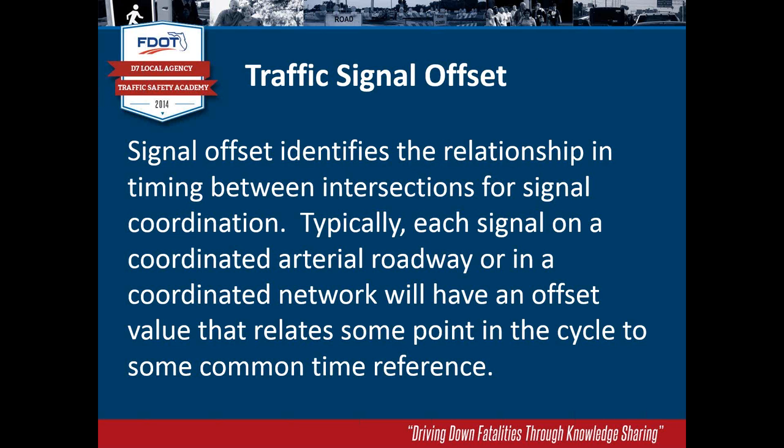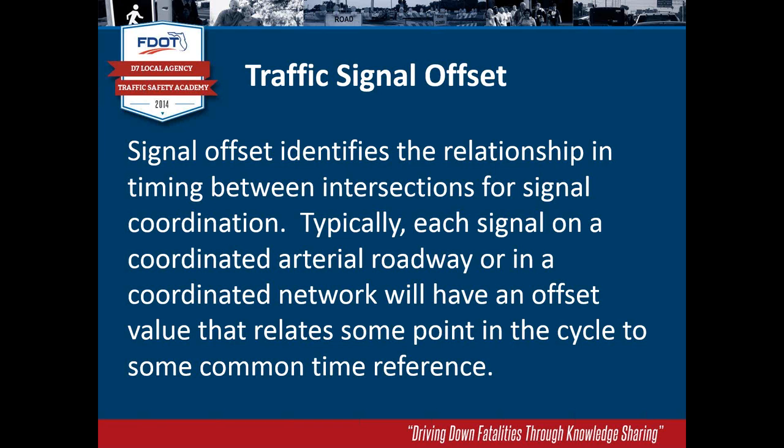The other parameter you often hear about is the signal offset. The offset is talking about the relationship of one signal to adjacent signals. And it's really a coordination parameter when you're trying to coordinate signals. Again, we're not going too deep into signal offsets, but let's say you had 4 signals on an arterial.